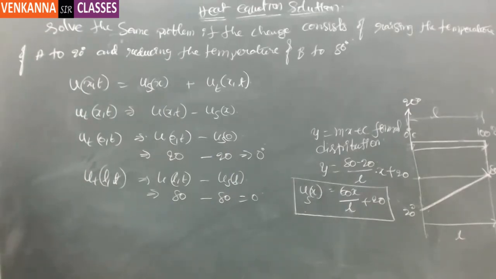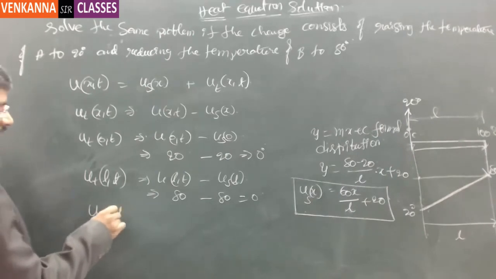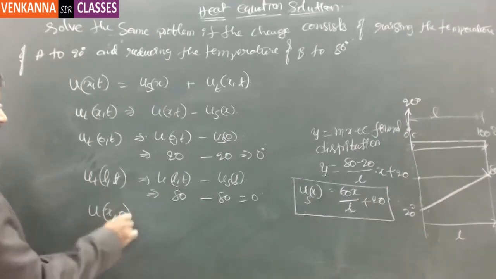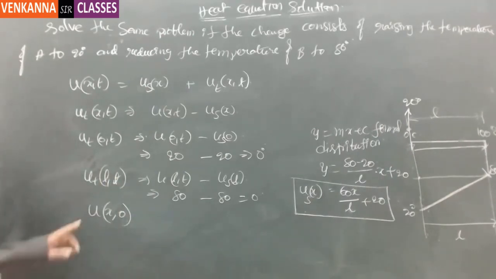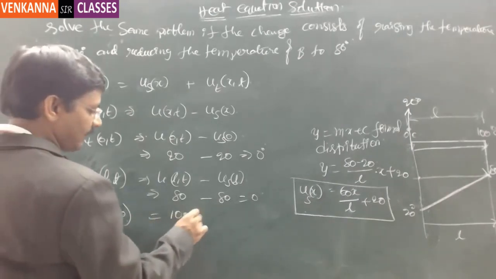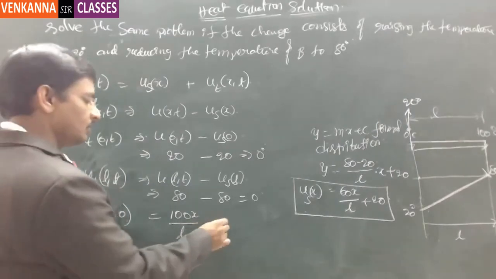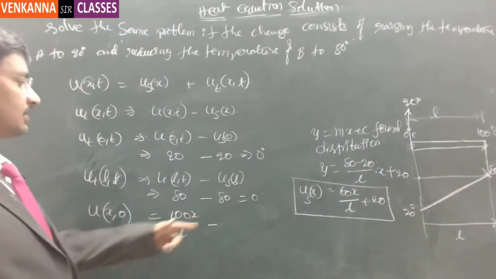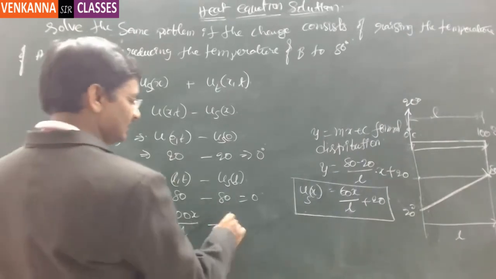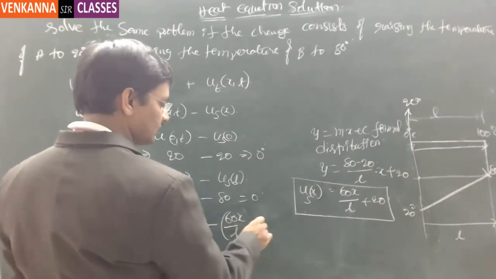Now in exactly the same manner, at time 0, that is u of x comma 0, this is going to be 100x by L, the initial distribution, minus the steady state solution at any time t, which is 60x by L plus 20.